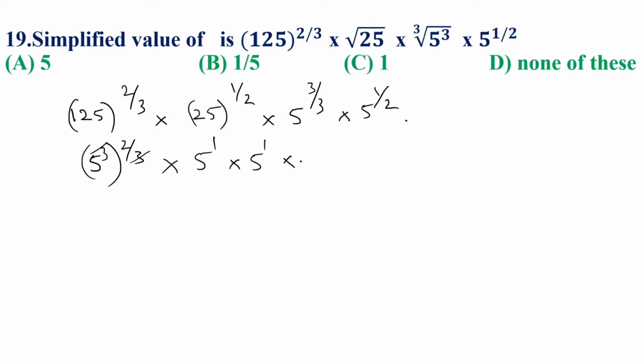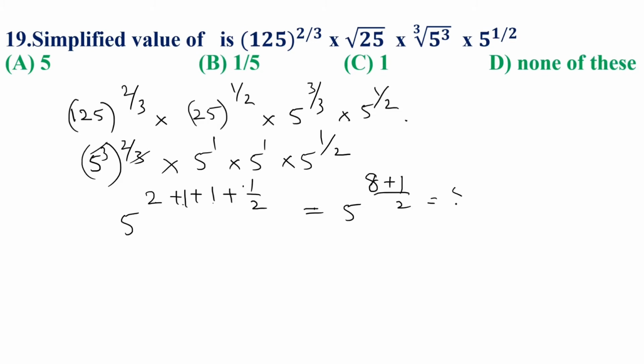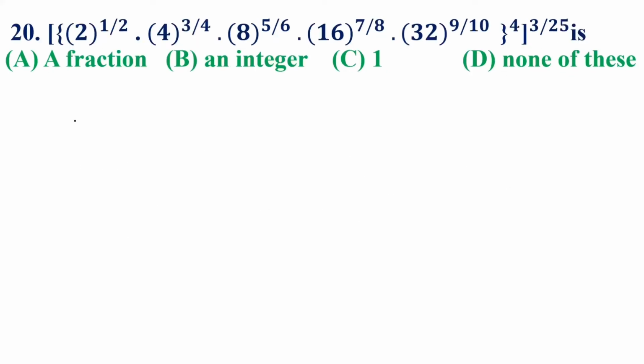Here 5 to the power of 1, 5 to the power of 1 by 2. Total we can add 2 plus 1 plus 1, 1 by 2. That is equal to 5 to the power of 9 by 2. So the answer will be none of these.